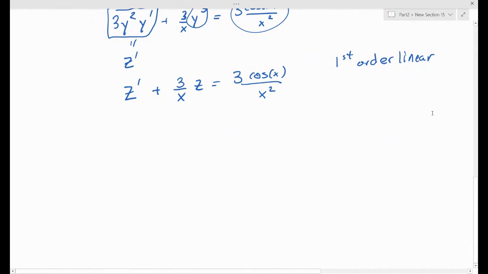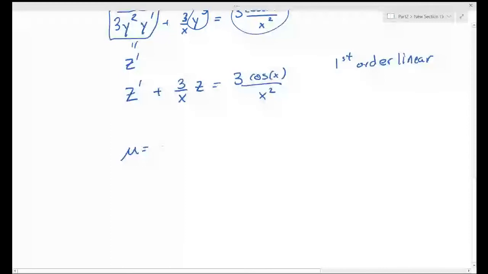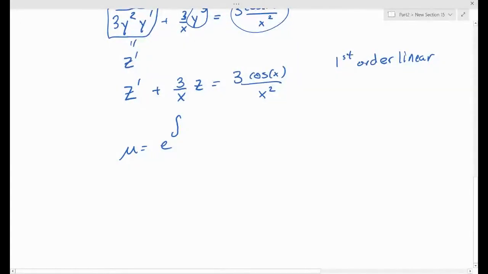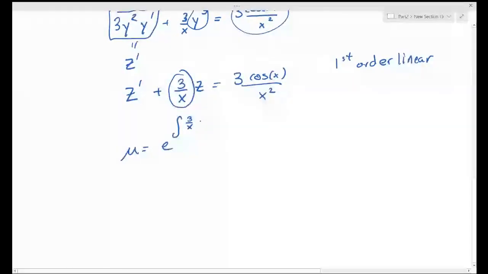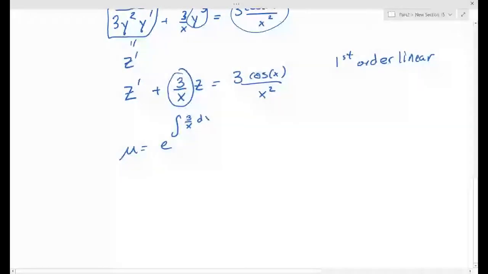All right, so now we can revert to our procedure for solving a first order linear differential equation, where we see our integrating factor is e raised to the power of the antiderivative of the function multiplying z.